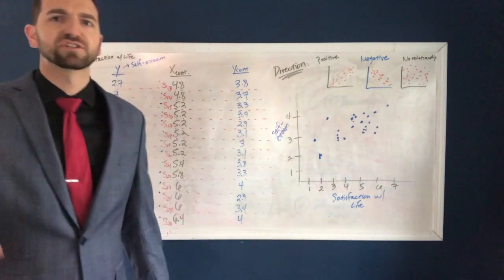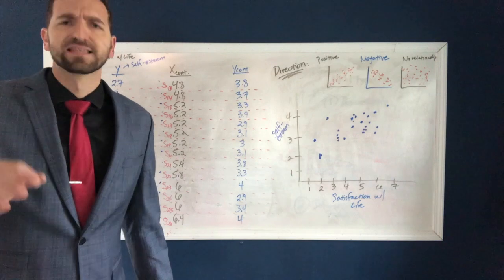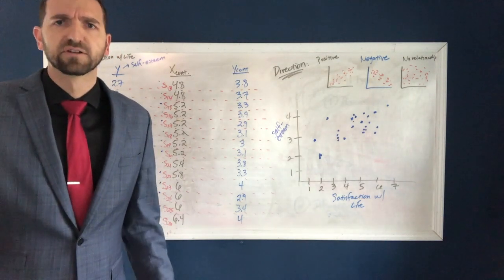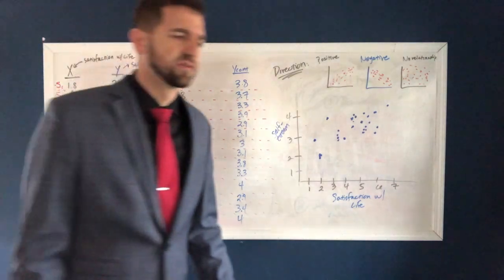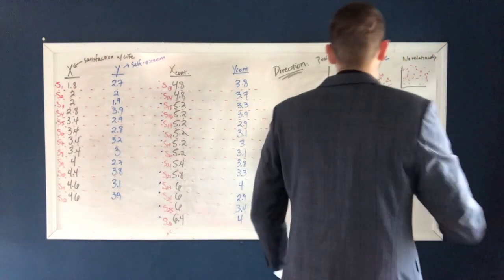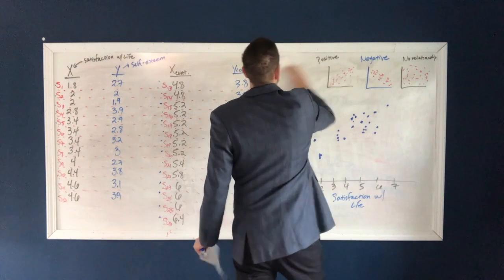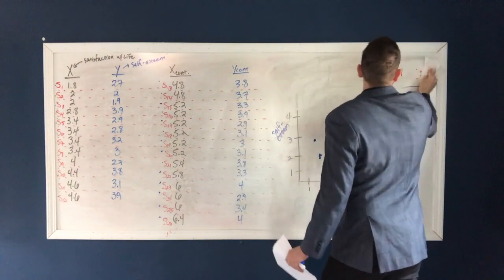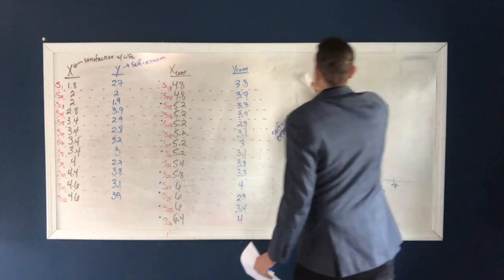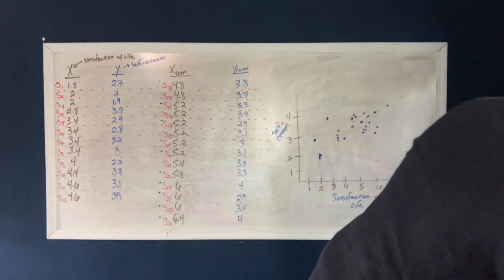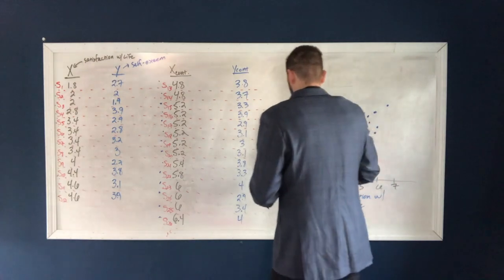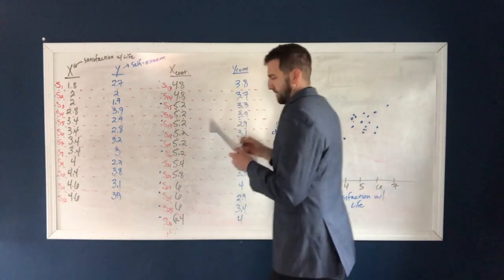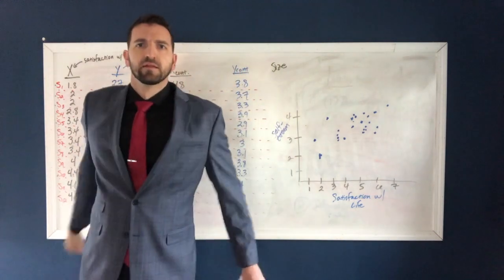So we talked about direction. Let's talk about the size of the correlation, often called magnitude.